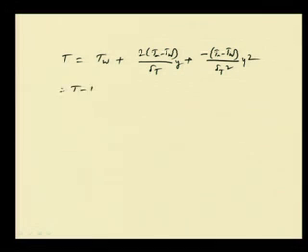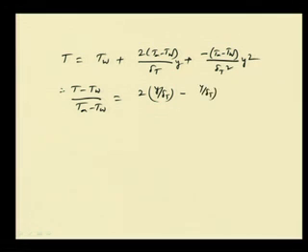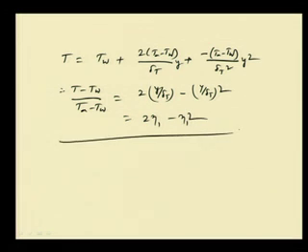So, we got T minus T w by T infinity minus T w is equal to 2 into y by delta t minus y by delta t whole square. So, this is equal to twice eta minus eta square. So, this is the temperature profile that we got in the boundary layer.